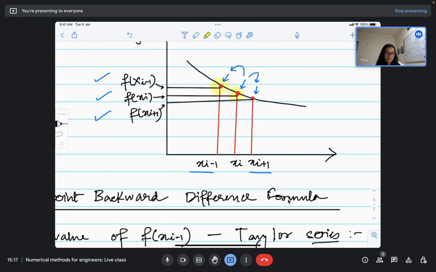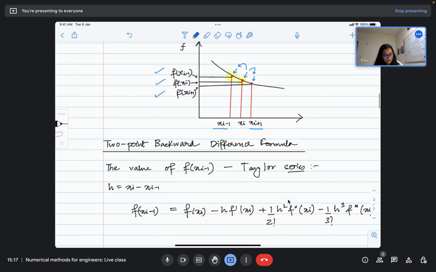So we just move one step back from xi and we use the point xi minus 1. And we take the function values relative to them. So we take the function values f of xi minus 1 and f of xi. Okay. So we will see how the derivation goes in that case.